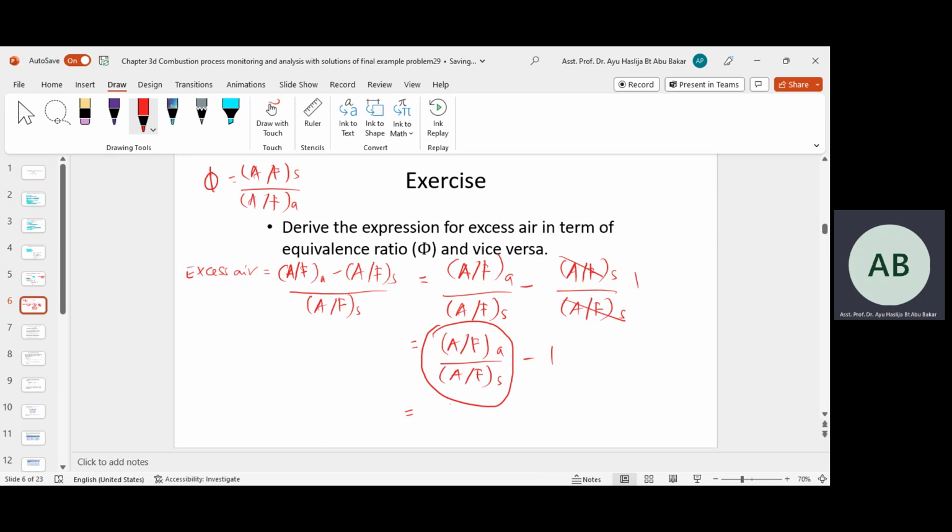From here, we can simplify using the equivalence ratio equation and you get this excess air equation relating to the equivalence ratio.